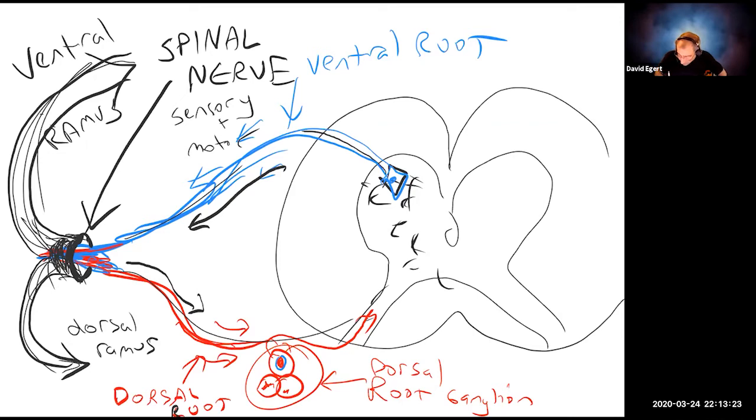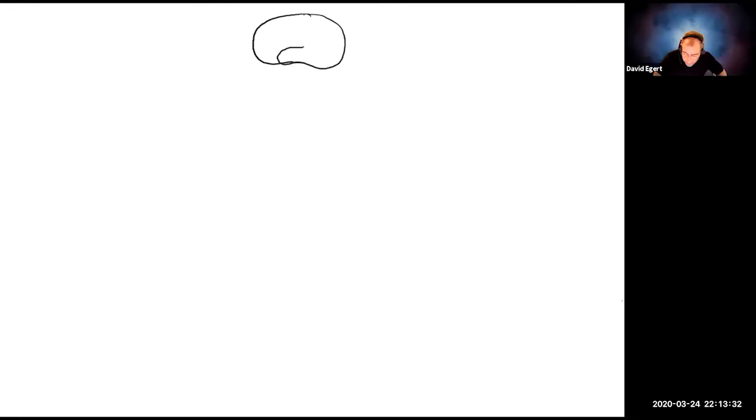And so I'm going to erase this. Here's the brain. And you have the spine: 1, 2, 3, 4, 5, 6, 7. These are the cervical vertebrae, right?